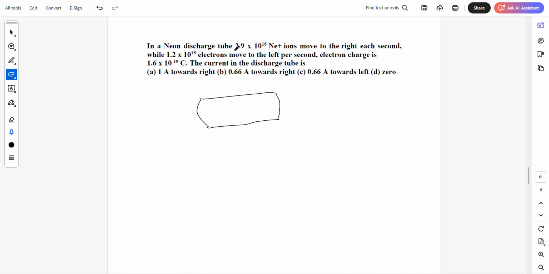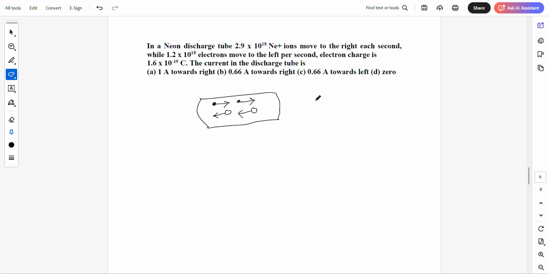Here positive ions, that is positrons, move toward the right, while electrons are moving towards the left.